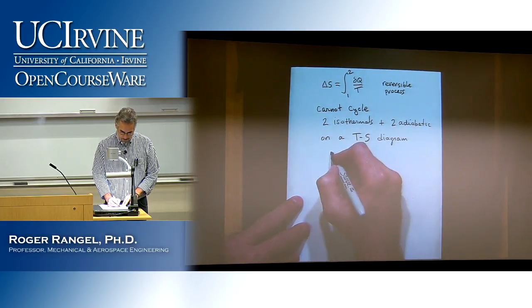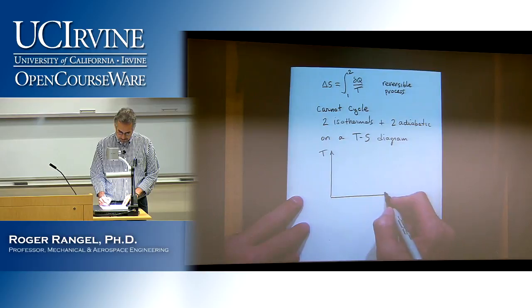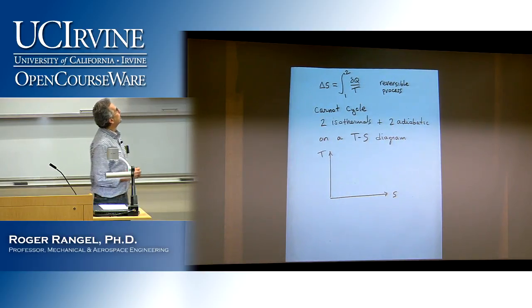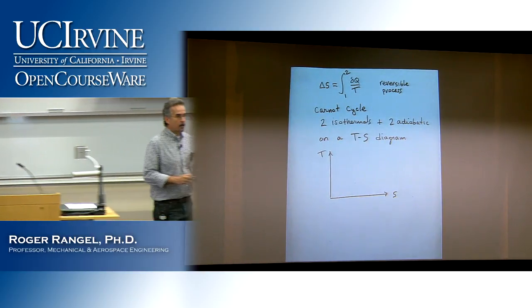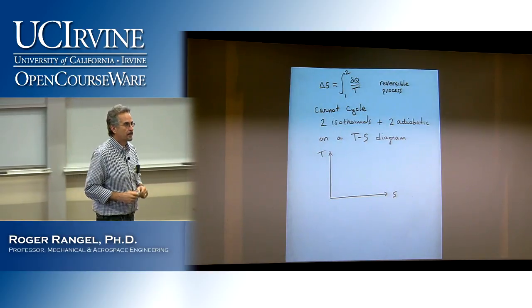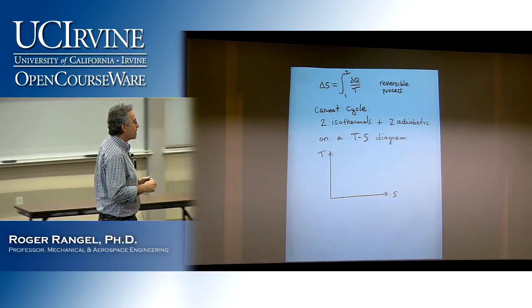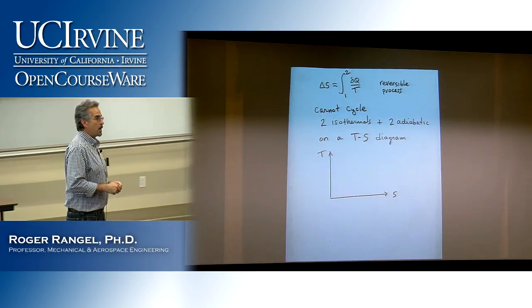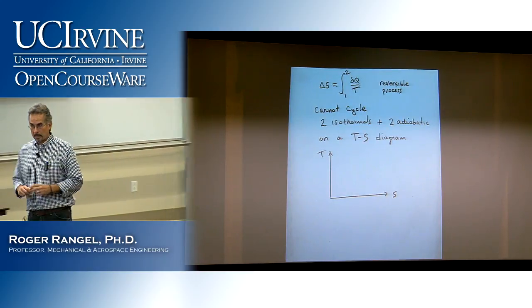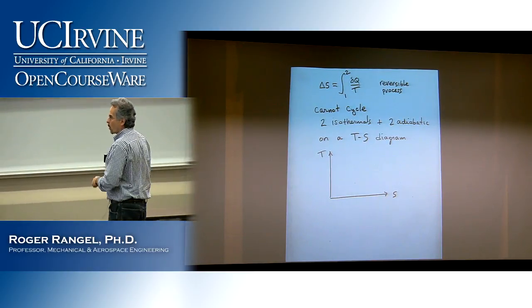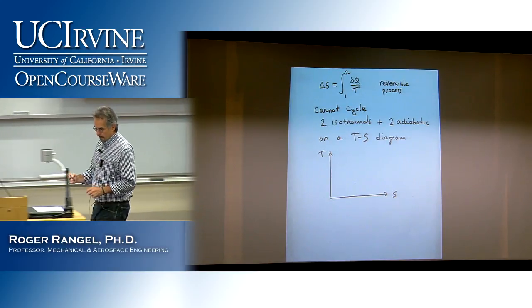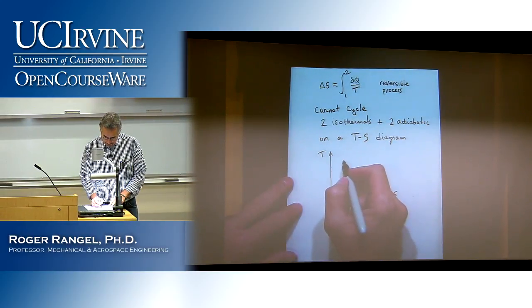So here's T, here's S. What does it look like? A box. It looks like a box. It looks like a rectangle. Why is that? So if I put it here, here's an isothermal.